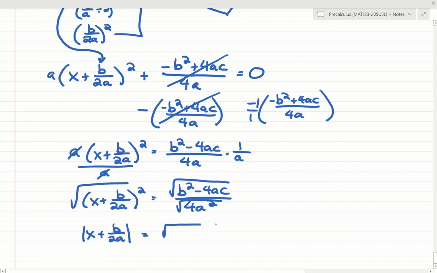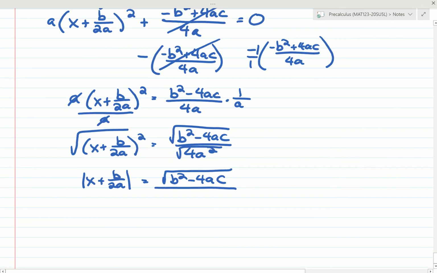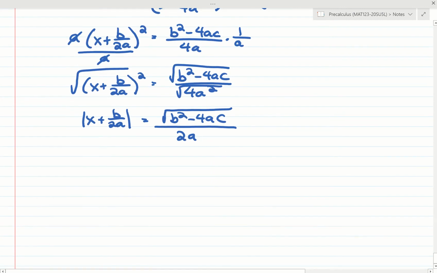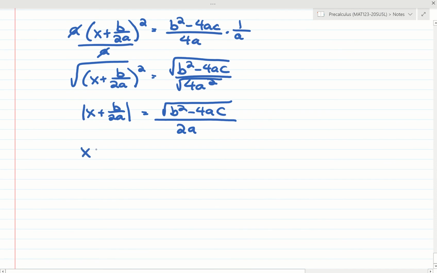And this would be the square root of b squared minus 4ac all divided by the square root of 4a squared, which is just 2a. We can get rid of the absolute value by writing plus or minus. And then just bring this fraction over to isolate the x.